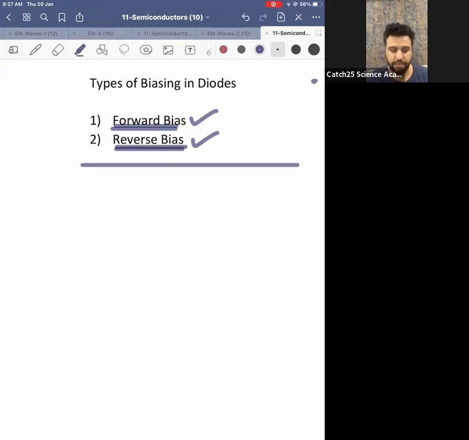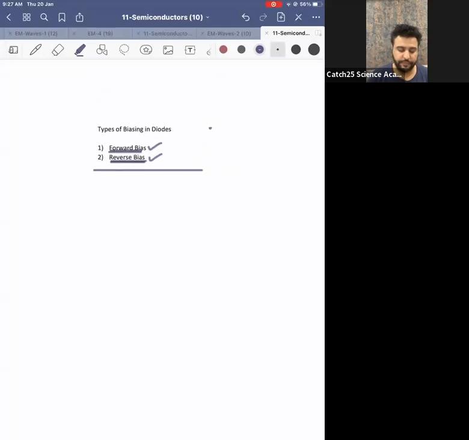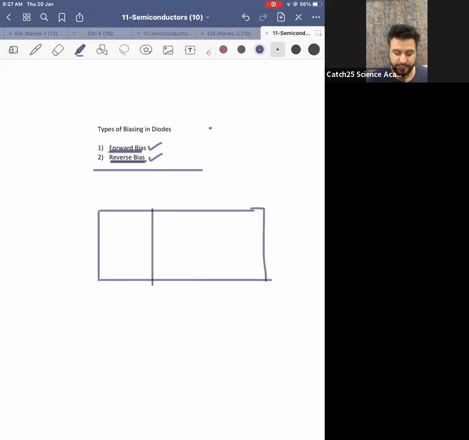Okay, so listen to me carefully. I'm doing forward bias. I take a PN junction diode. This is P region, this is N region, this is depletion region. Correct? Normal.